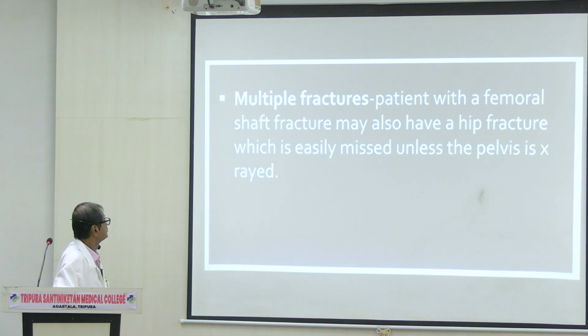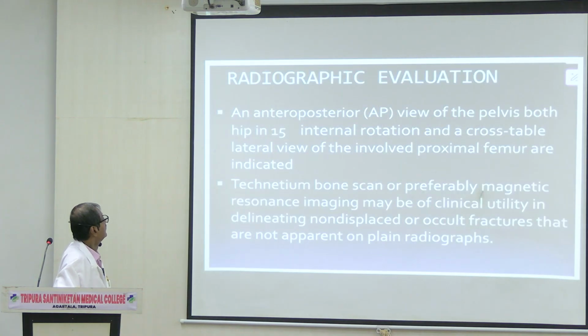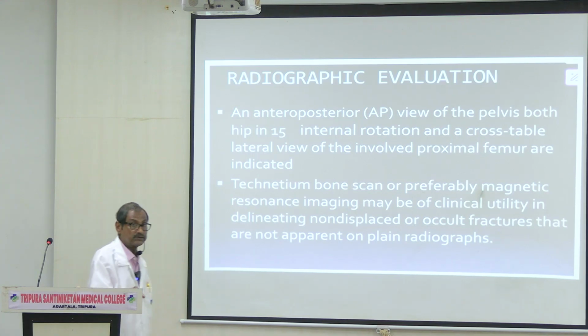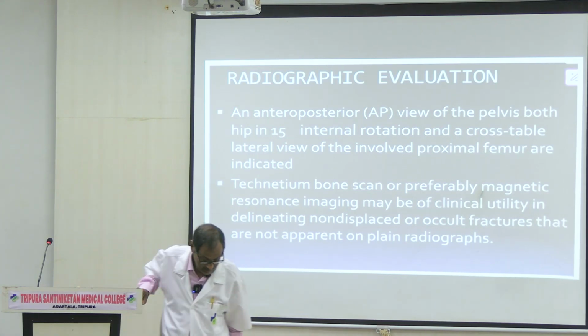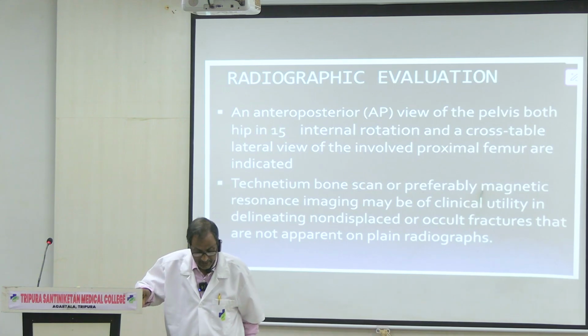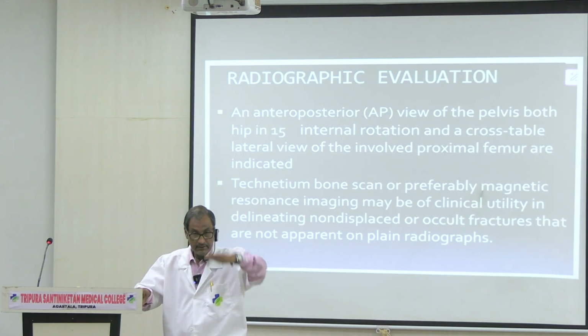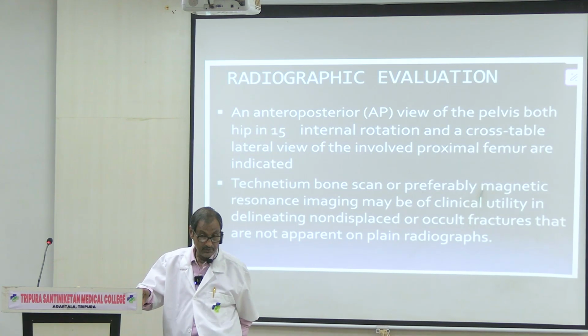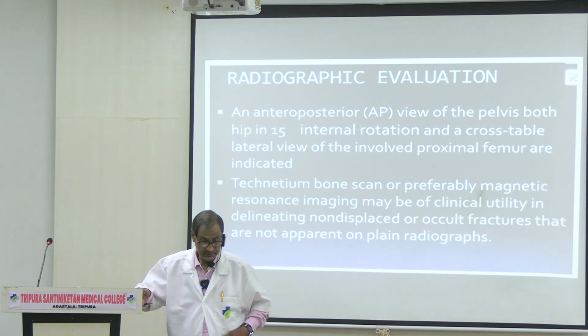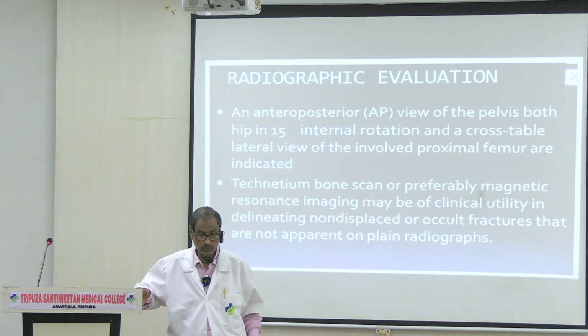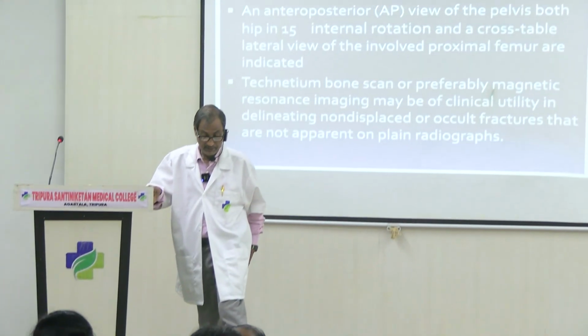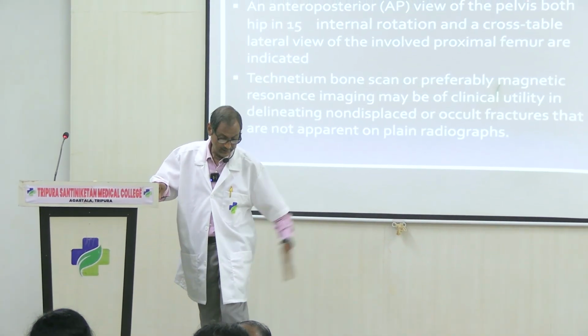Next. So radiography X-ray is done in two positions. One position is the AP view, keeping the leg like this, putting the X-ray plate below. And also we take the internal rotational view and lateral view.